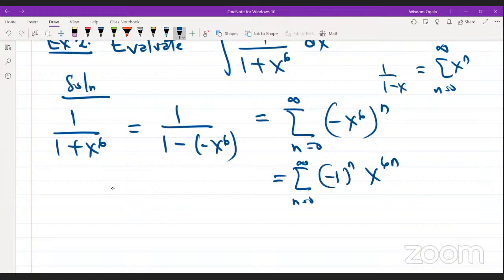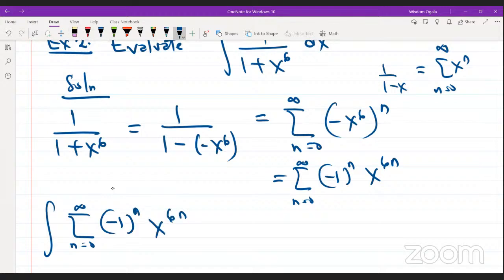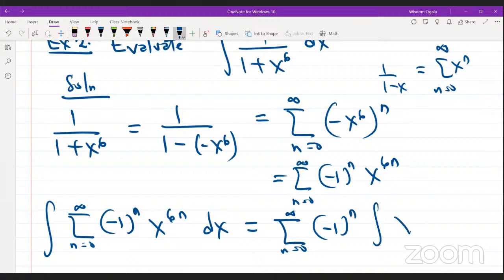So now I'm free to plug it back into the integral. So you have this guy dx equals. Now this sigma notation and this integral can flip. Negative 1 to the power of n, integral of x to the 6n dx.